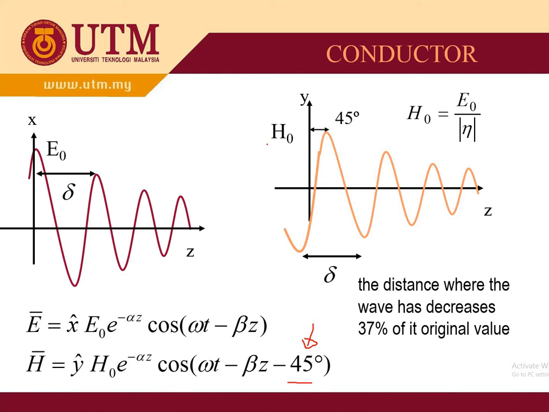There is a difference now. The difference between them is 45 degrees, the phase. The skin depth is the distance where the wave has decreased to 37% of its original value.